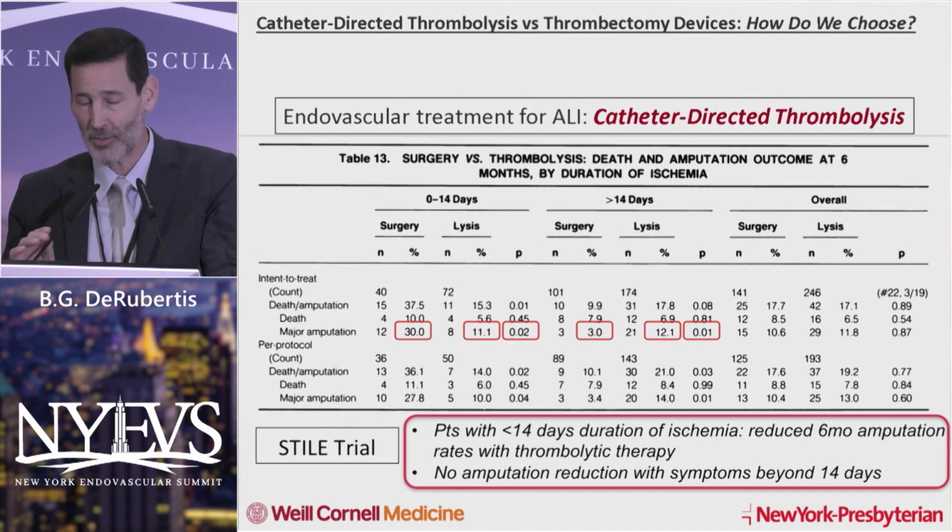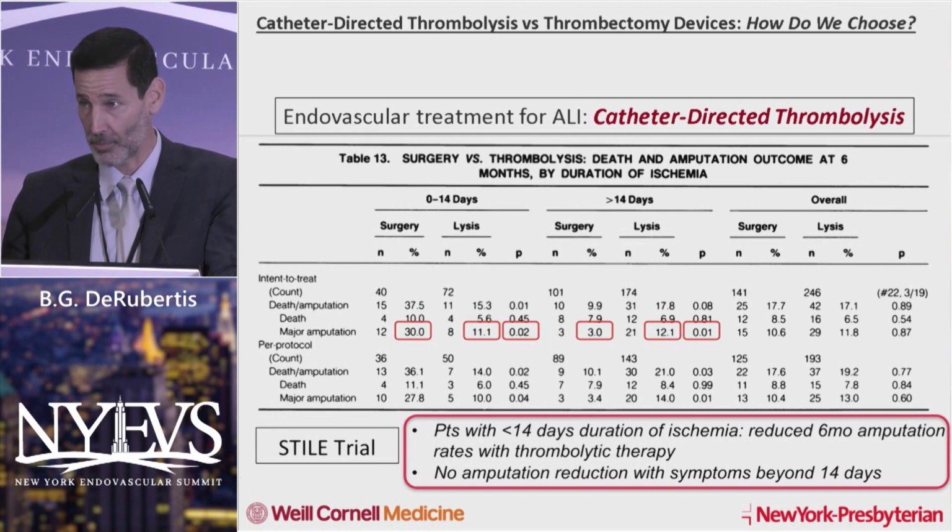But that said, if you look at the subset analysis of this trial, it was very clear that those patients who had what we consider true acute ischemia, meaning not ischemia up to 6 months, but ischemia of 14 days duration or less, had a reduced 6-month amputation rate with the thrombolytic therapy. Unfortunately, there was no amputation reduction with this type of therapy beyond 14 days.